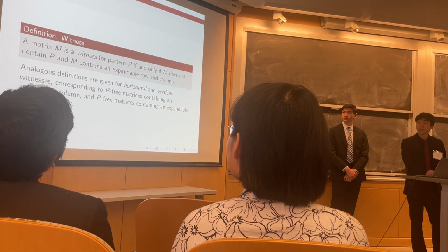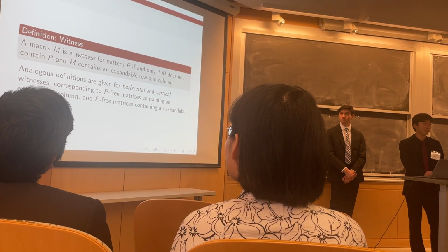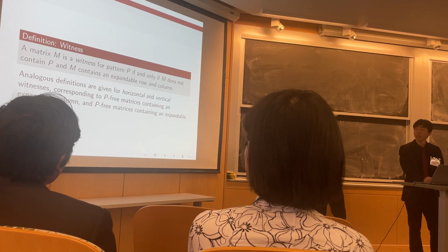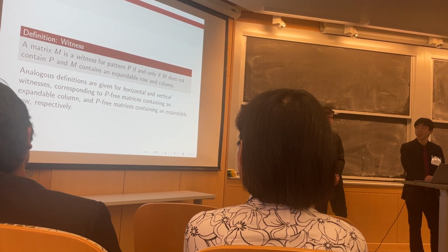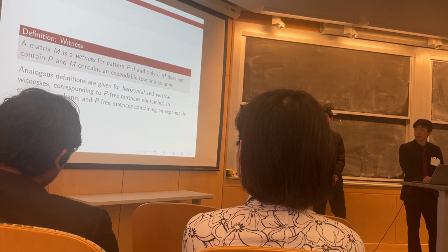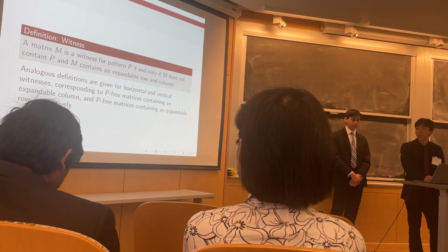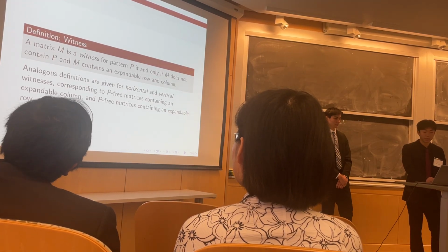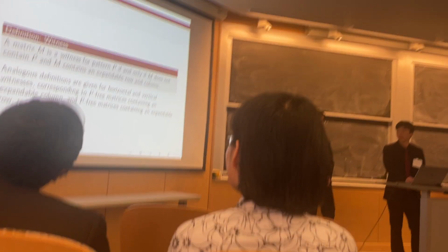Using this definition, we can define a witness for a pattern P to be a matrix M such that M doesn't contain P and it has both an expandable row and an expandable column. We can also define horizontal and vertical witnesses, which are just P-free matrices that have just an expandable row or just an expandable column.